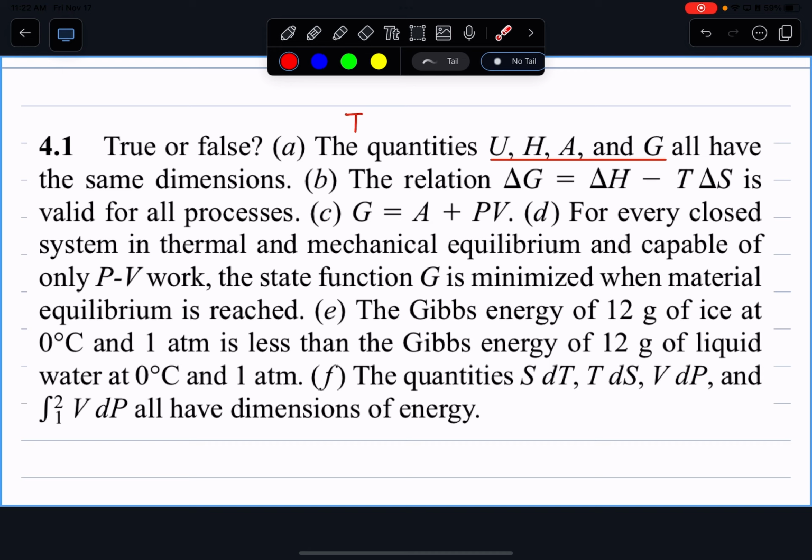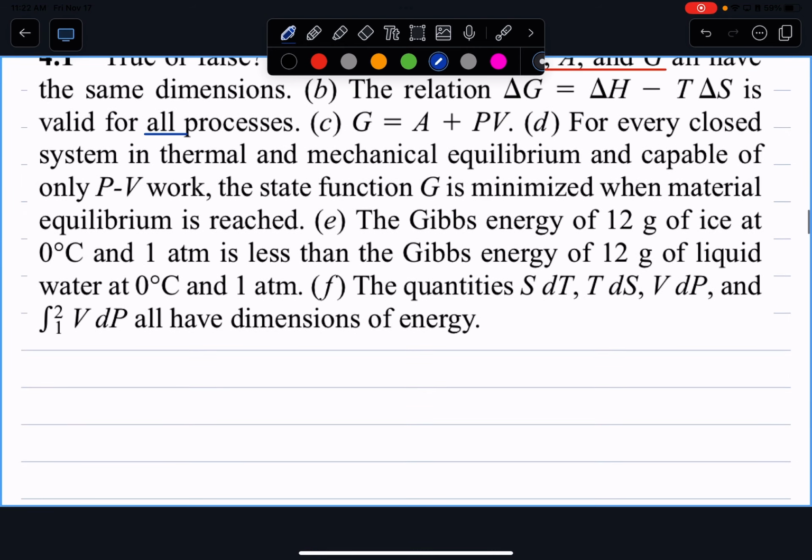Next up, the relation delta G equals delta H minus T delta S is valid for all processes. So whenever they say all processes, you want to put a question mark there and think about it. From the definition here, G is by definition H minus TS. So if we just use calculus, you write out dG equals dH minus TdS minus SdT.